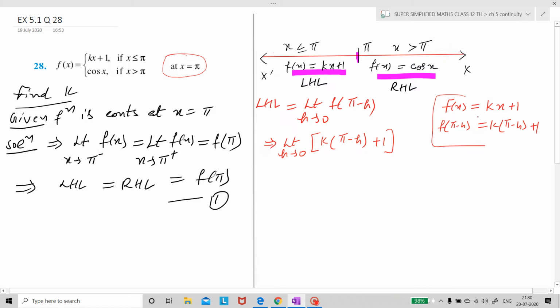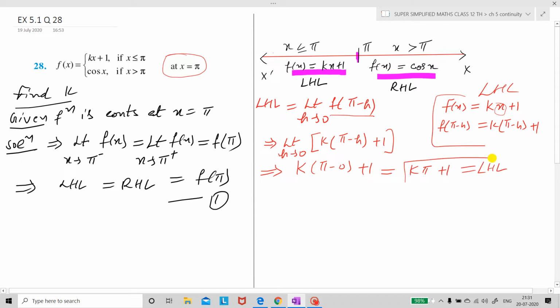And we know that f(x) is kx plus 1 for the left hand limit, and therefore f(pi minus h) will be, replace x by pi minus h, k(pi minus h) plus 1. Now substituting h to be 0 here, we get k into (pi minus 0) plus 1. That comes out to be k times pi plus 1. So this is the value of the left hand limit.